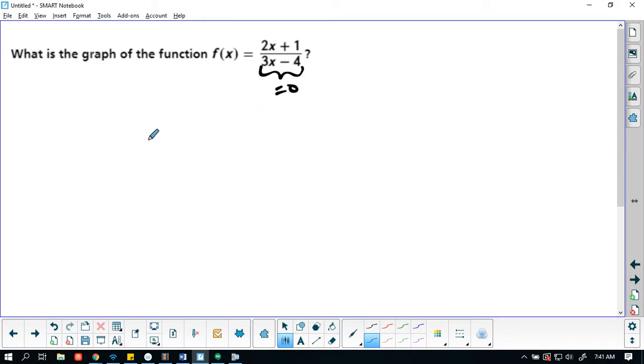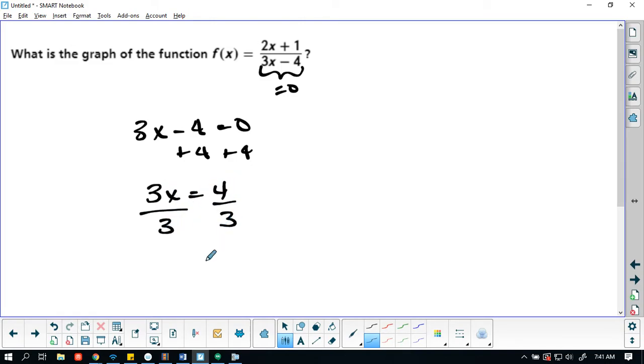So if 3x - 4 = 0, add 4, so we get 3x equals 4. Divide by 3, and I get x equals 4/3. It cannot equal 4/3, which makes that my vertical asymptote. So my vertical asymptote is when x equals 4/3.